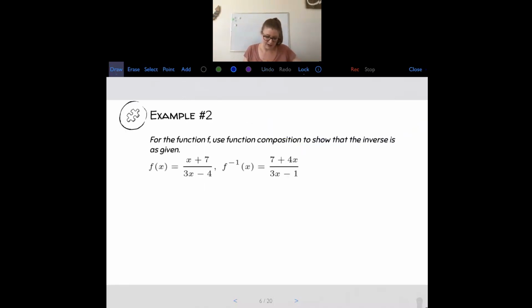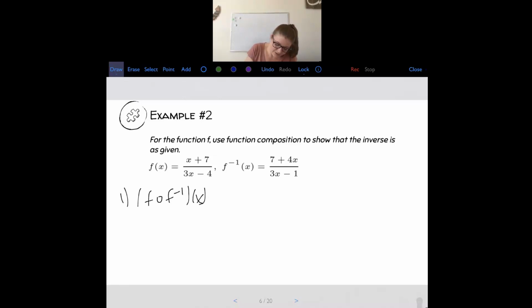Okay. Number 2, for the function f, use function composition to show that the inverse is as given. So we have f of x is equal to x plus 7 over 3x minus 4, and f inverse of x is equal to 7 plus 4x over 3x minus 1. So we're going to start off with the composition of f and f inverse.